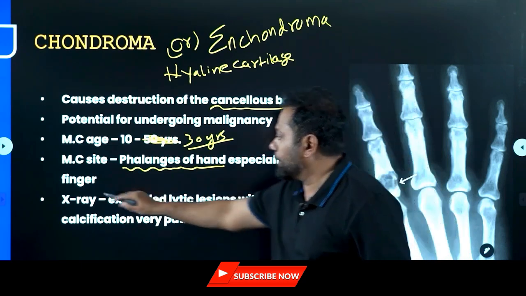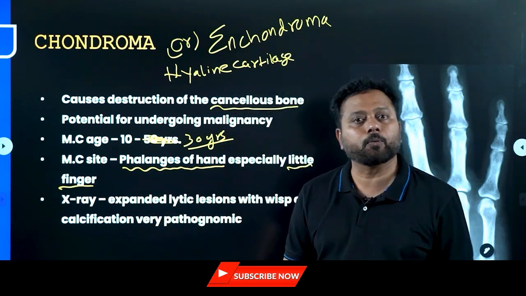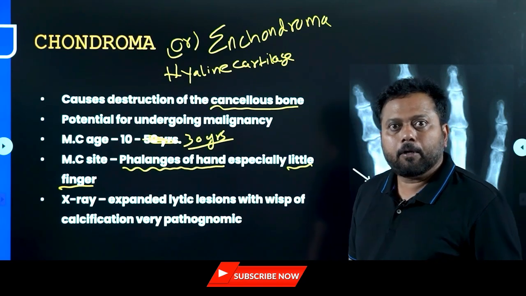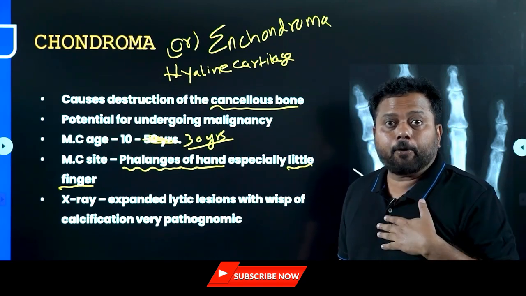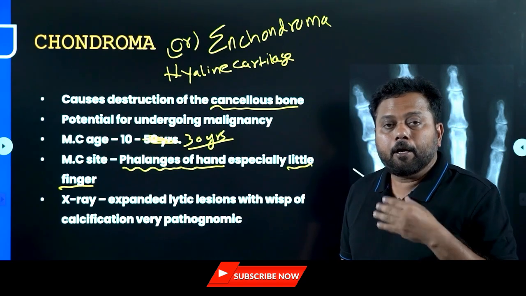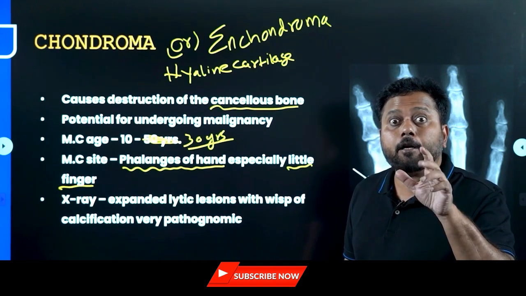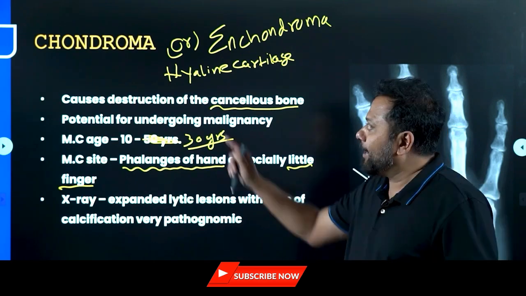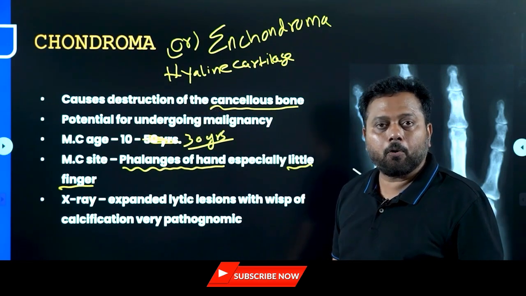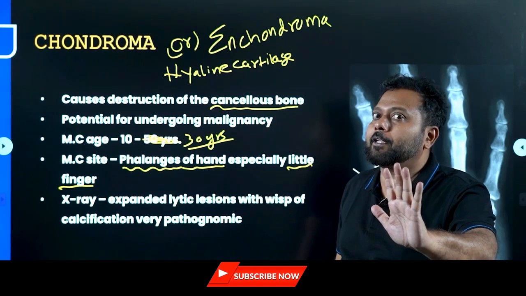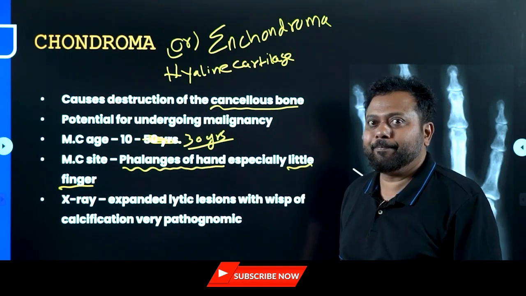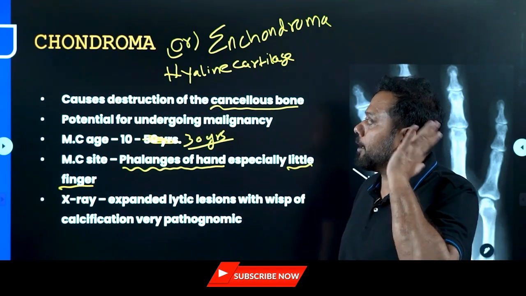A 1000 times repeated MCQ. Please note down. Once in a DNB question, I remember very strongly, they asked: most common bone tumor of hand and foot. The answer is enchondroma. So this is the most common tumor seen in hand and foot. Enchondroma, that is called chondroma.